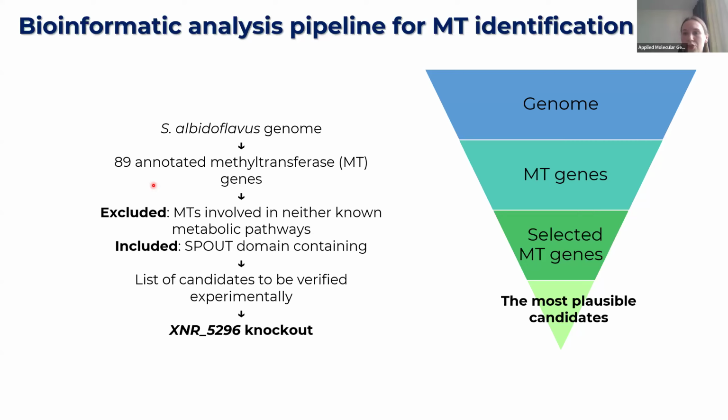Since our gene of interest contains a specific domain, the SPOUT domain, we looked only for genes that have this domain. After this elimination procedure, we came up with a few plausible candidates and generated knockout mutants. The first and main candidate was the XNR_5296 gene, and I'll tell you more about it.